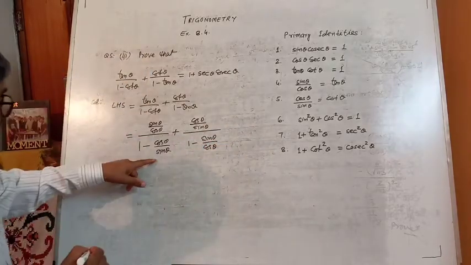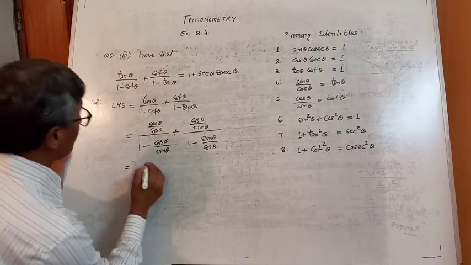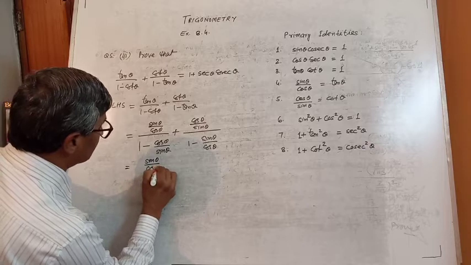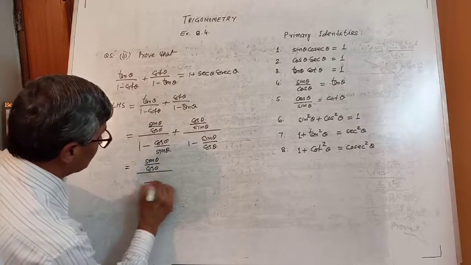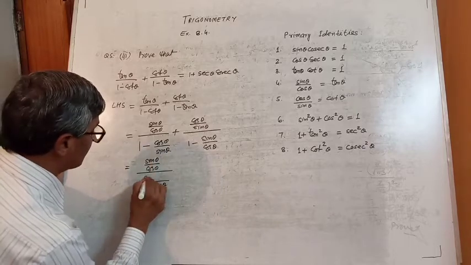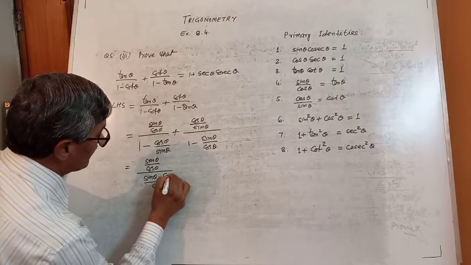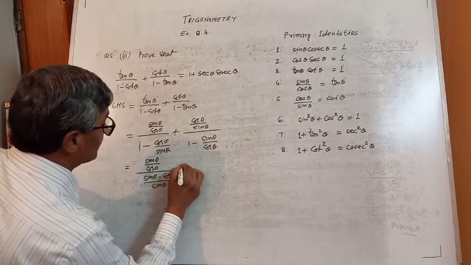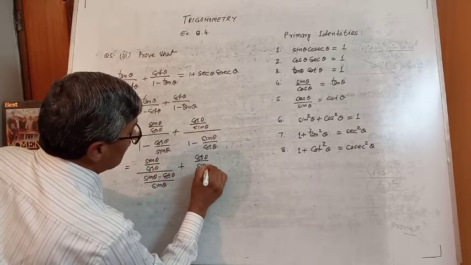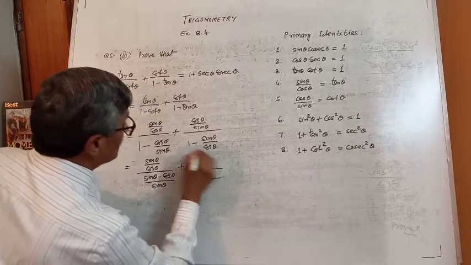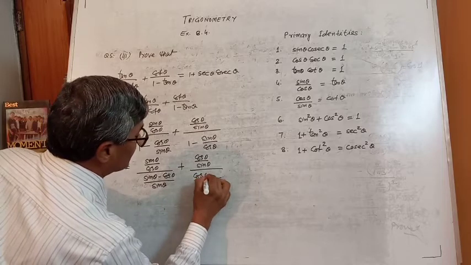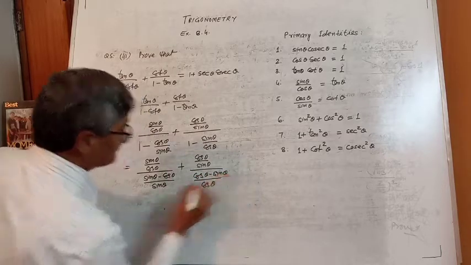Now here you take LCM. Sin theta upon cos theta as it is. Here if you are taking LCM as sin theta, then this will be sin theta minus cos theta. Plus again cos theta upon sin theta whole divided by cos theta is LCM, then we get cos theta minus sin theta.